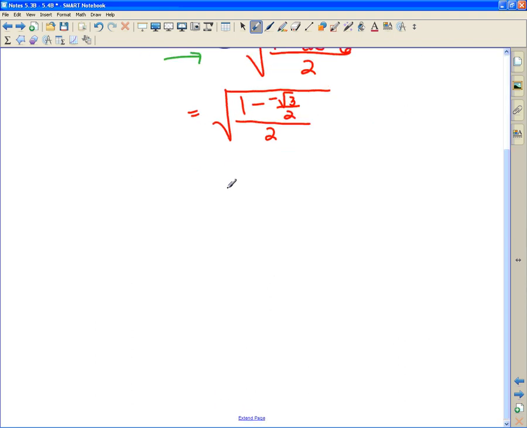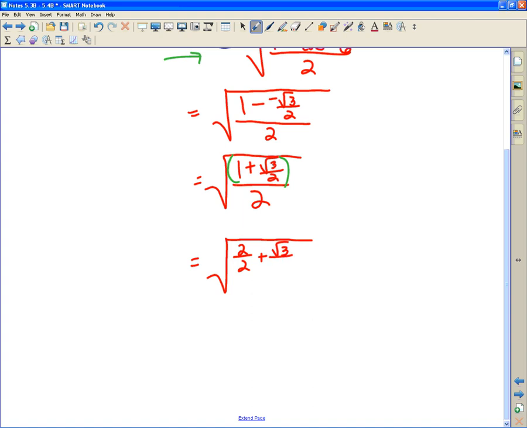Time to simplify. The square root of 1 plus the square root of 3 divided by 2. Careful with your fractions. All over 2. If I am going to simplify this, I need to get a common denominator on the top. So working a little bit faster this time. 2 over 2 plus the square root of 3 over 2 divided by 2. 2 plus root 3 divided by 2.